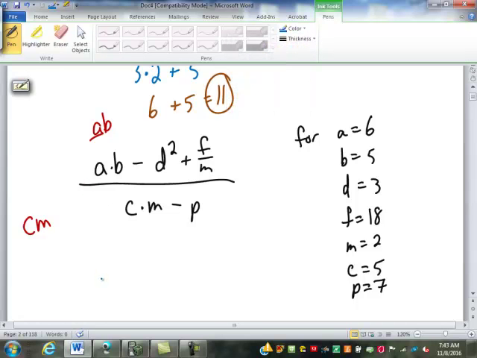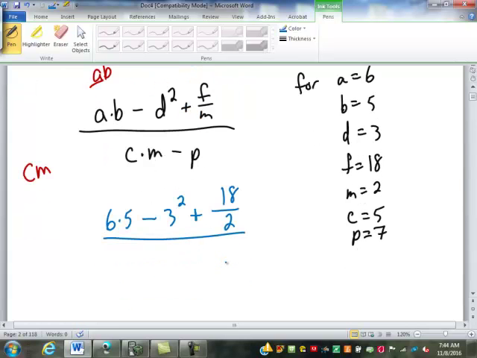So on top, a times b is going to be what? Well, a times b is going to be 6 times 5. We don't know yet if we can multiply them because we've got to get everything in there and then look at our order of operations. Minus d squared is going to be 3 squared plus f over m is going to become 18 over 2.